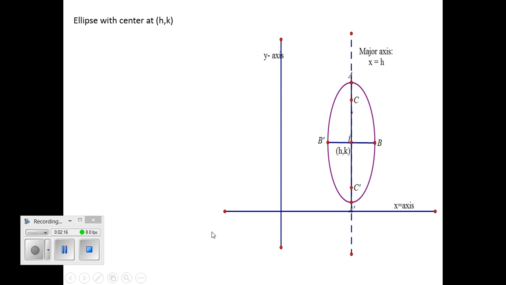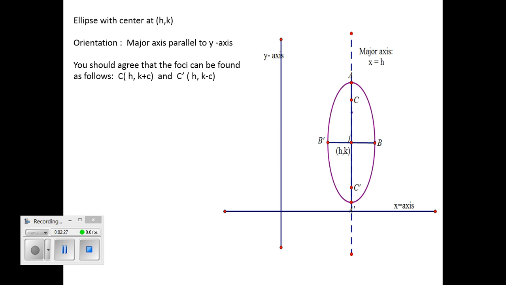One last thing. What about equations of ellipses which are not centered at the origin, okay? Just like that of a circle, you account for it as we're going to show you here.